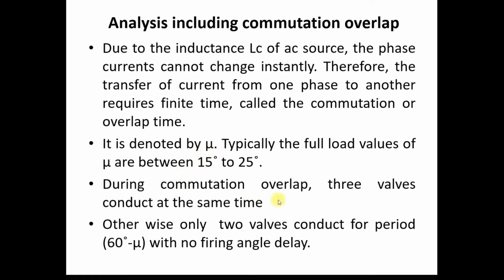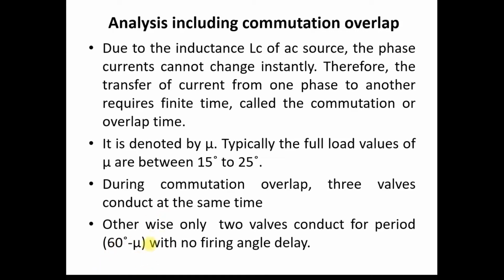During the commutation overlap, when the transition from one phase to another happens, the three valves are conducting at the same time. Otherwise only two valves are conducting, for the period 60 minus mu if alpha is 0. If the firing angle is 0 and we consider the effect of this LC, then as we know, every 60 degrees commutation happens. Clear?